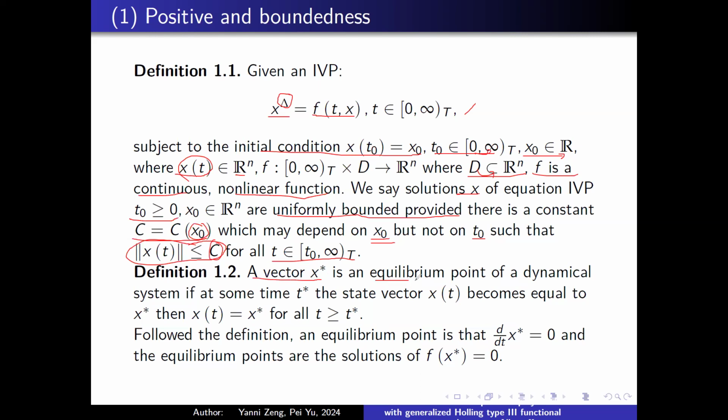S star is an equilibrium point of a dynamic system at some time t star, and the state vector S t becomes equal to S star, and then needs to satisfy this condition. So we use this definition to find the equilibrium points. We need to solve this equation, and this is also the solution of function f.